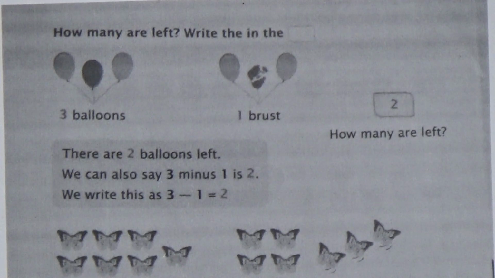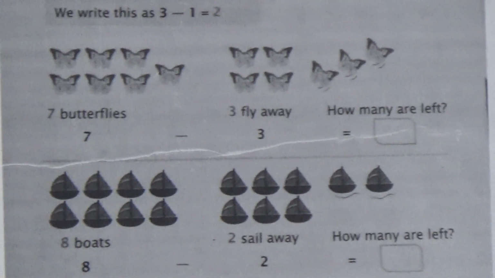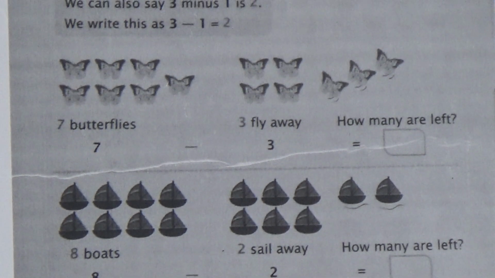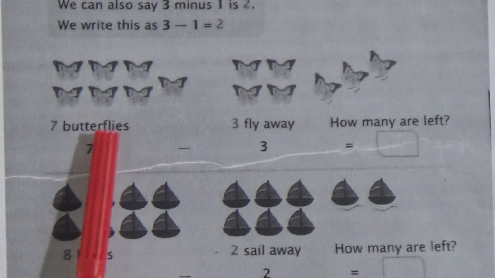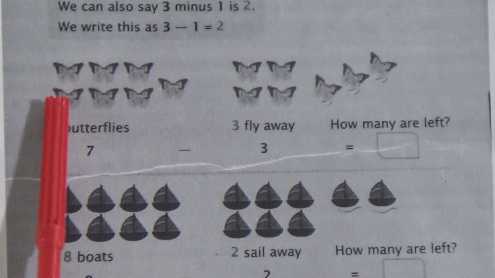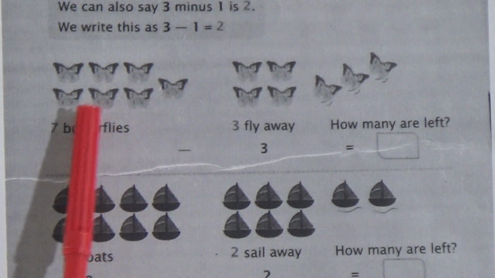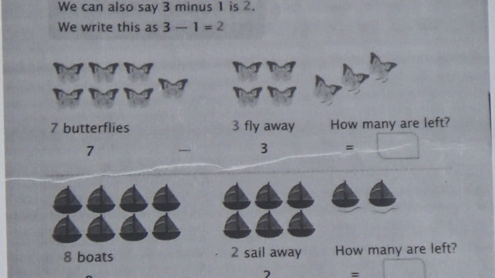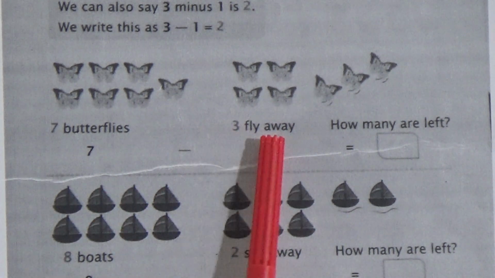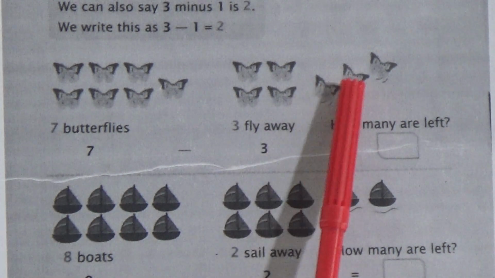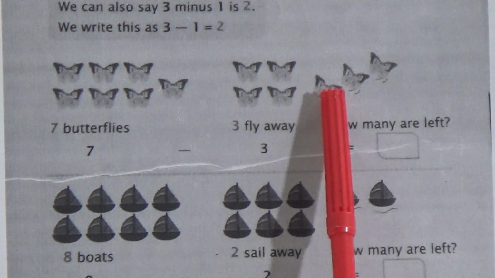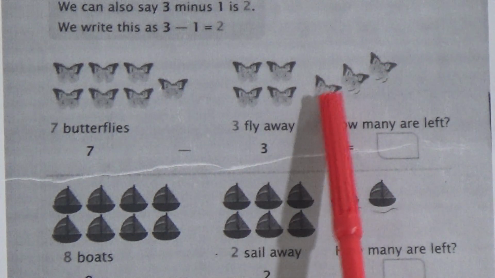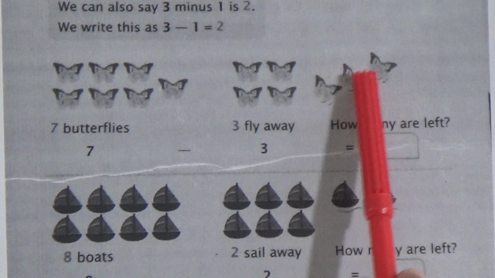Okay, dear students, now go to the next question. Here the next question is 7 butterflies. 1, 2, 3, 4, 5, 6, 7. Total 7 butterflies here. Okay, 3 fly away. 1, 2, 3. 3 butterflies fly away.